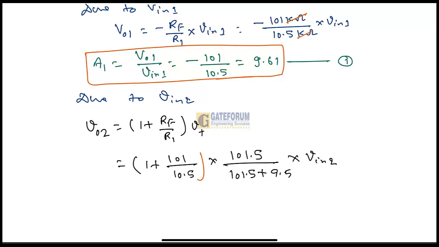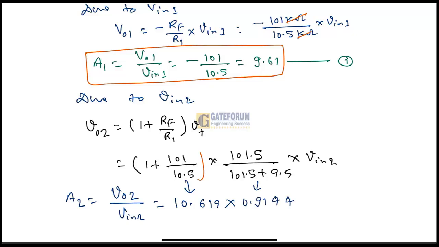A2 is equal to VO2 divided by V in 2. Doing this calculation, this becomes 10.619 times 0.9144. So we will get this value ultimately, 9.710, as equation 2.